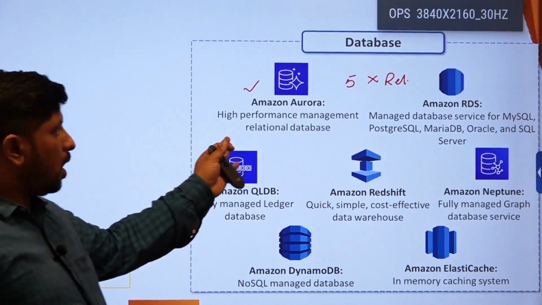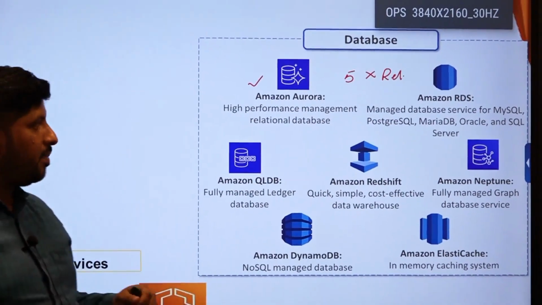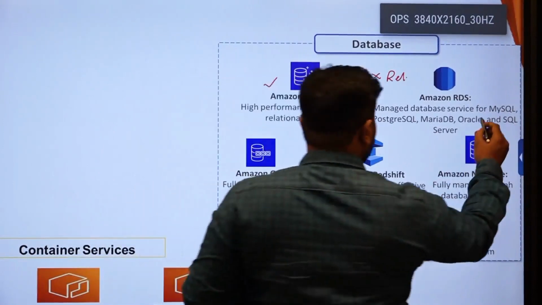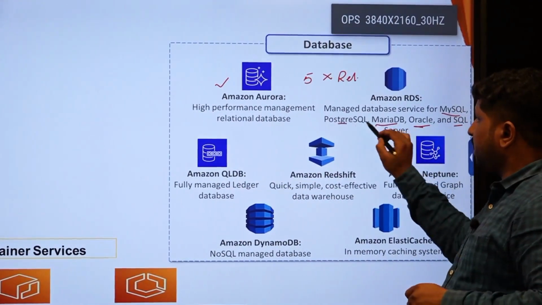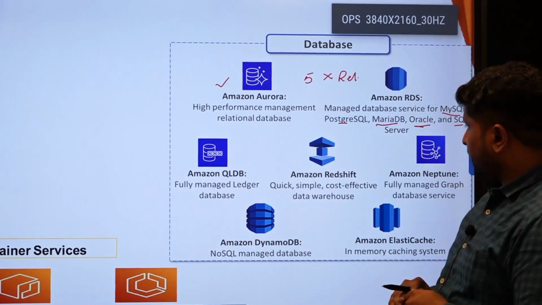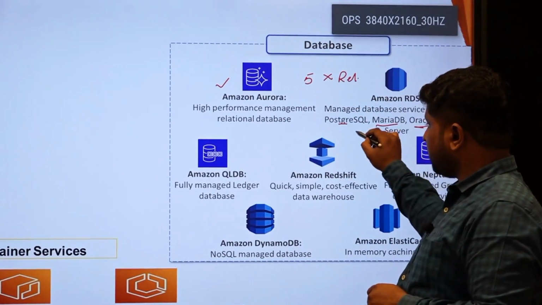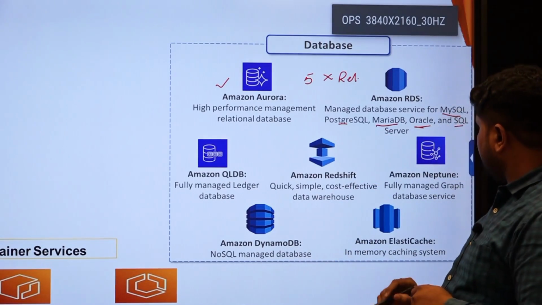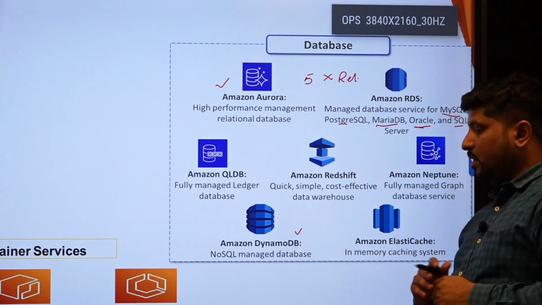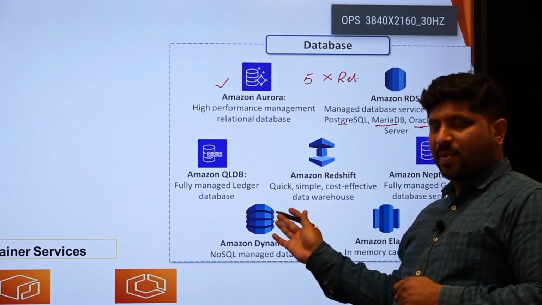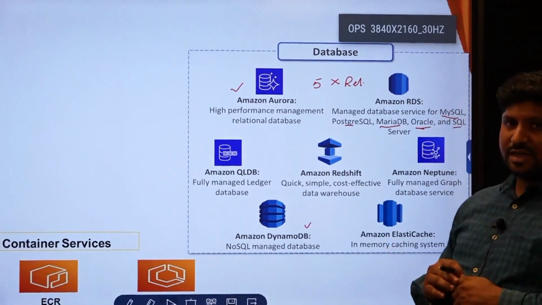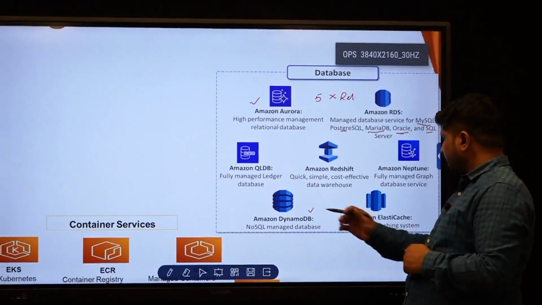Along with Aurora, we do have Relational Database Service which can have access to your MySQL, Oracle, SQL Server, MariaDB and PostgreSQL. Along with the SQL services, we do have some NoSQL databases such as DynamoDB, a NoSQL managed database, a product of Amazon.